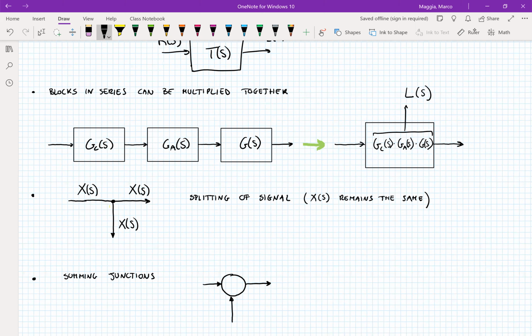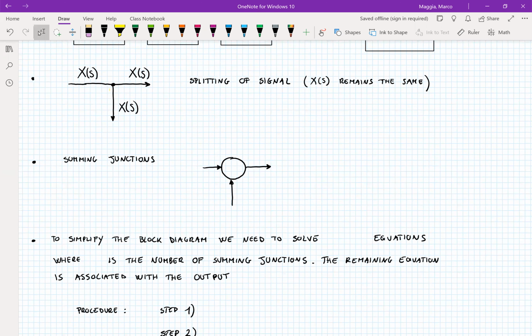In other words, you don't have half of X of S going one way and half of it going the other way. In order to get that, you would need a sum junction. So if you don't have a sum junction, whatever splits just remains the same. And in fact, the sum junction could technically be categorized as a third rule, but it's very, very easy.